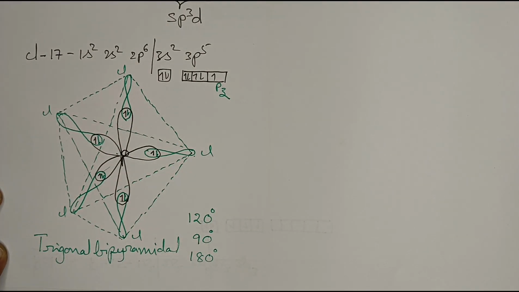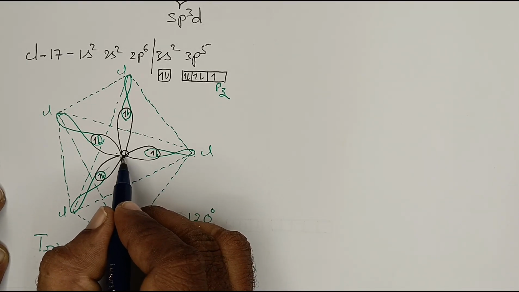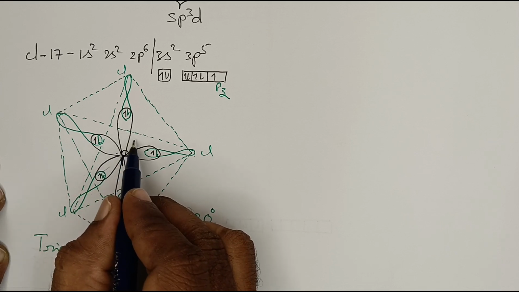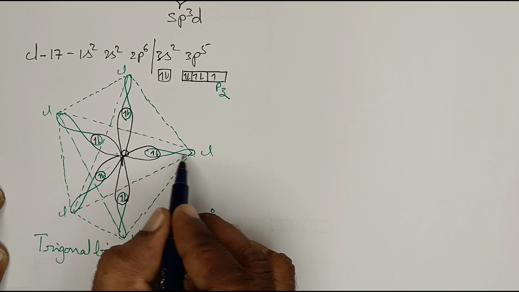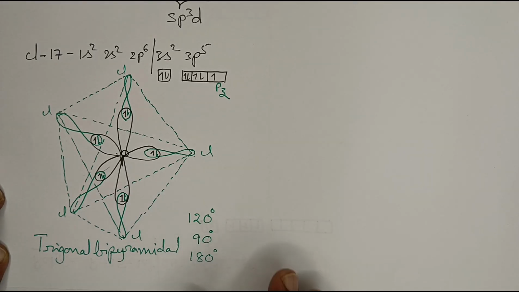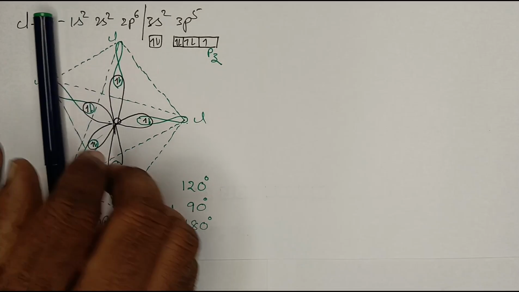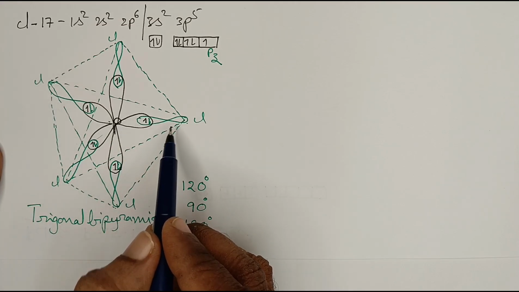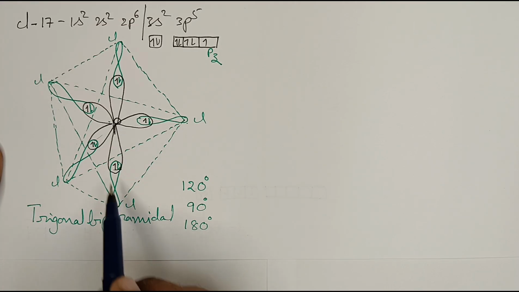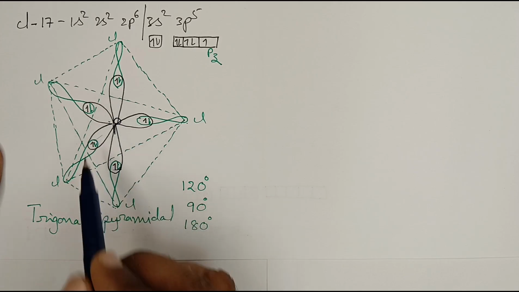And what are the types of bonds formed in PCl5? These orbitals are sp3d. So there are 5 sp3d hybrid orbitals, and this one is a pure p orbital. So in PCl5 we have sp3d-p, sp3d-p, sp3d-p, like that we have 1, 2, 3, 4, 5.